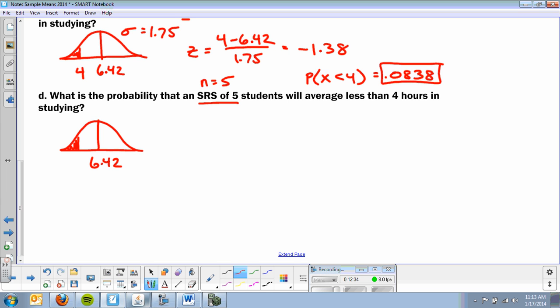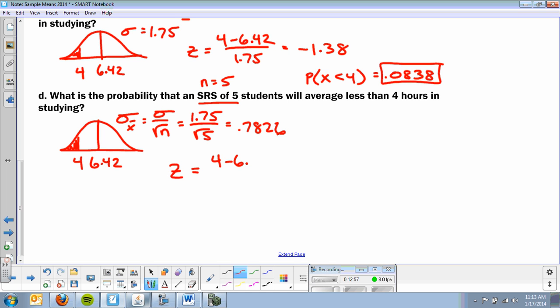I want a sample of 5 people that has an average of 4 or less. I recalculate my standard deviation, all right? Sigma over the square root of n, which is 1.75 over the square root of 5. And I get 0.7826. I'm going to, again, calculate my z-score, 4 minus 6.42 over my new standard deviation, which is 0.7826.